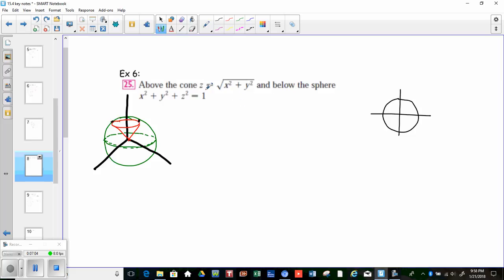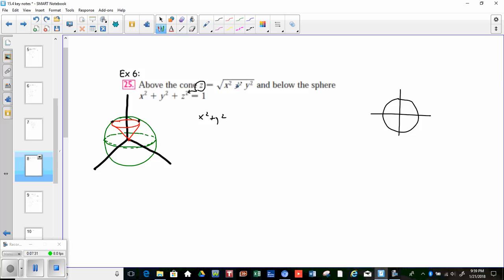All right, well, one thing I can see is that if we're going to figure out the intersection of this sphere and this cone, I'm going to have to either set them equal to each other, or I could just take Z, plug it in here for Z, and then figure out what the intersection points are there. So Z, plugging this in here, squaring it, is going to get rid of that square root. So what I'm going to end up with is x squared plus y squared. That's from these two pieces.